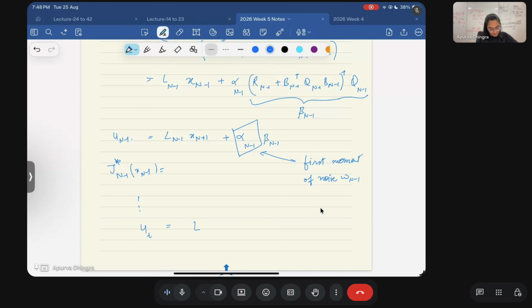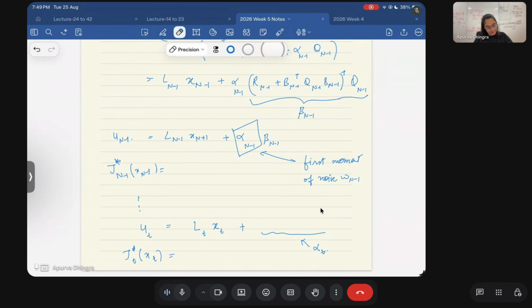So there will again be some lt of xt and some other terms or term. These terms will have dependencies on alpha t. And you can also have j star of t at some xt. It'll be the core terms.